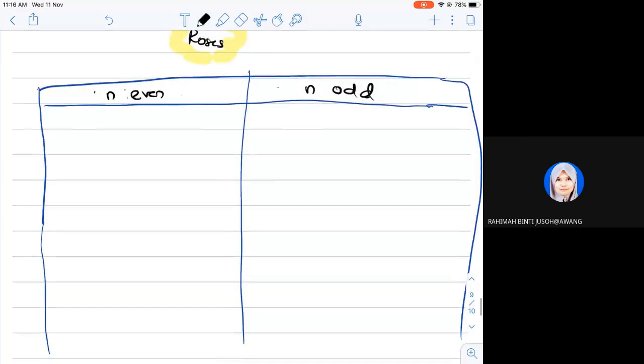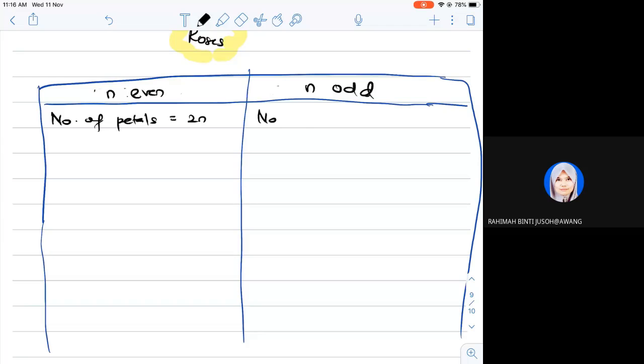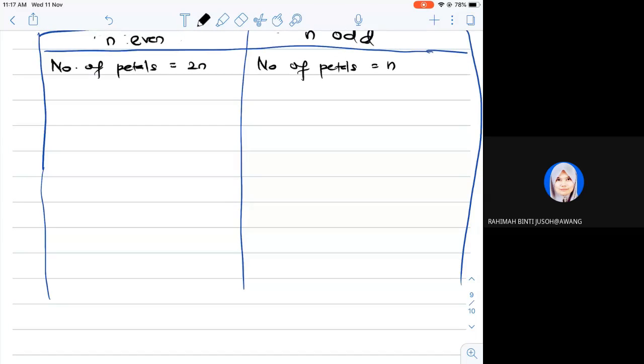Nombor genap kan? Okay, so nombor genap. So if n is even means number of petals equals to 2n. If n is odd, nombor ganjil, number of petals should be n. Okay, just like that.